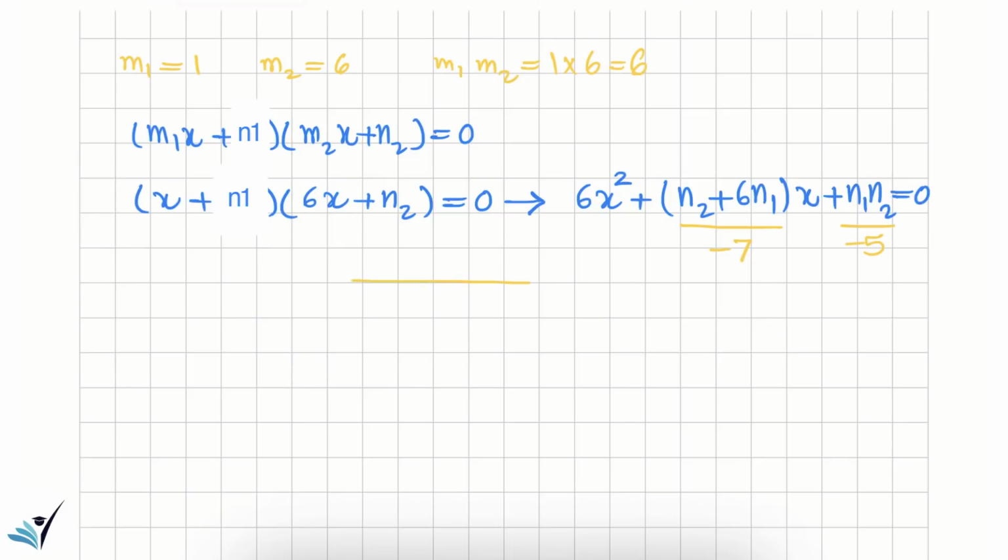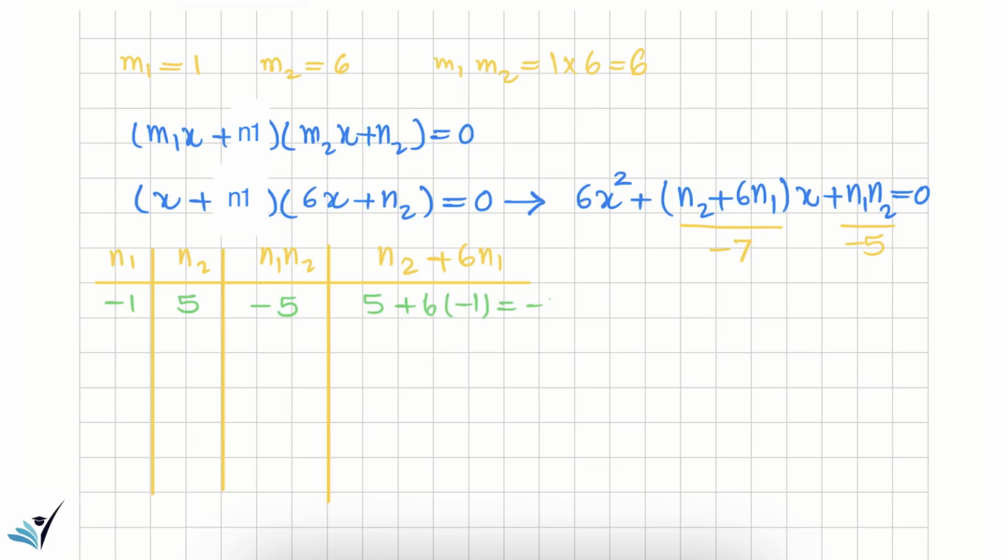So let's draw our table here and try different pairs of n1 and n2. The first column is for n1, the second column for n2, third column is for n1 times n2, and the last column is for n2 + 6n1. So we're looking for a pair of numbers that their multiplication is negative 5. Let's try negative 1 and 5. So 5 plus 6 times negative 1 is equal to negative 1.